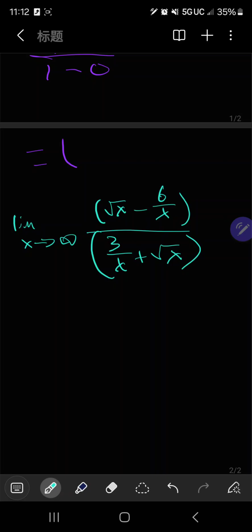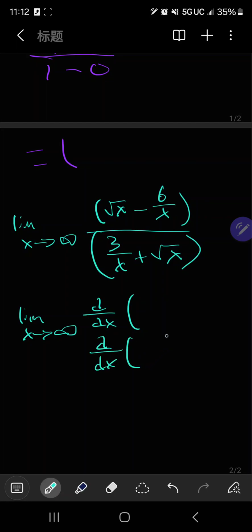So for this problem, we can use L'Hopital's rule. If you need a reminder, it's d over dx. This is why we use the parentheses, so I can see it better. We just take the derivative of both.